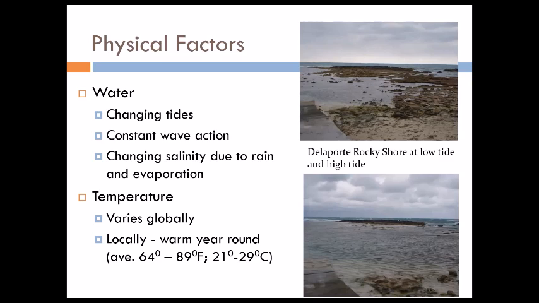That causes little pools to form inside of the rock, and inside those pools you'll have a little body of water. Because that water is exposed to sunlight, eventually the sunlight is going to evaporate it, and as the water evaporates, the tidal pool becomes a little bit more salty. So that's why this is also an abiotic factor: you're going to have a change in salt levels, or change in salinity.